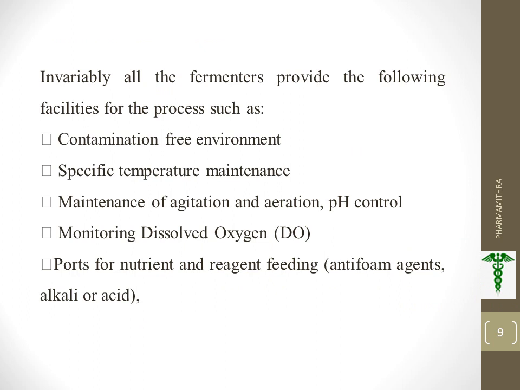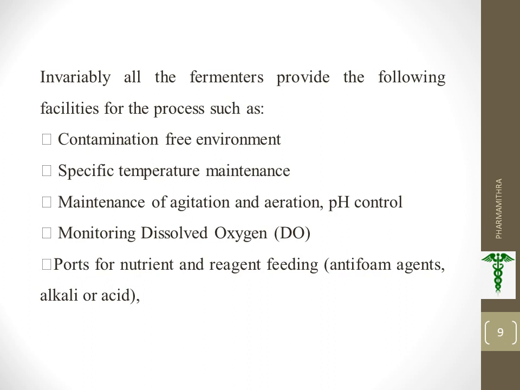All fermenters provide the following facilities for the process: there should be a contamination-free environment, and a specific temperature should be maintained. We want to maintain agitation, aeration and pH control. We want to monitor the dissolved oxygen, that is DO. Dissolved oxygen means how much oxygen is dissolved in water. We want to monitor this dissolved oxygen content, with ports for nutrient and reagent feeding.